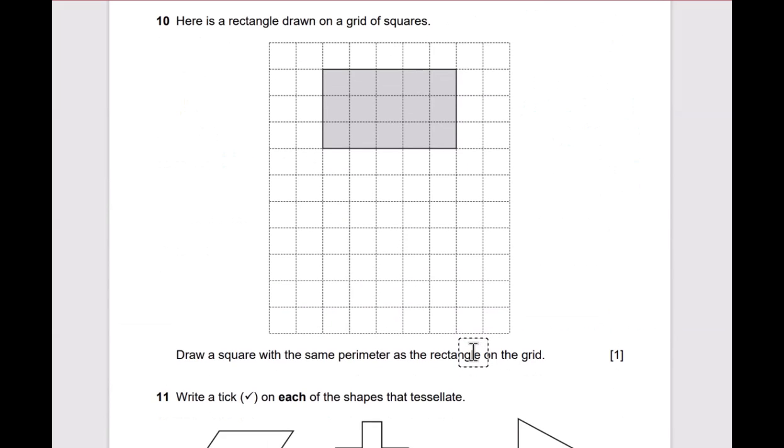Here's a rectangle drawn on a grid. So now, on the grid of squares, draw a square with the same perimeter as the rectangle. So we need to have a square. You may pause this video.